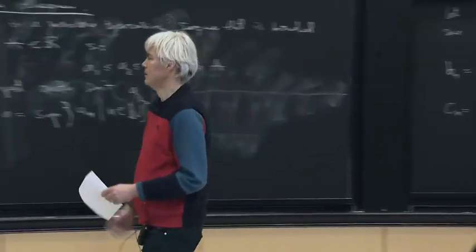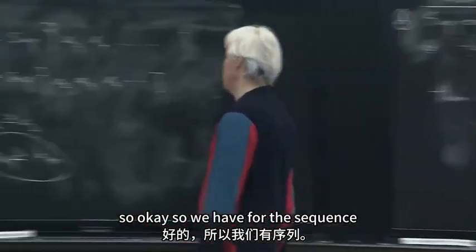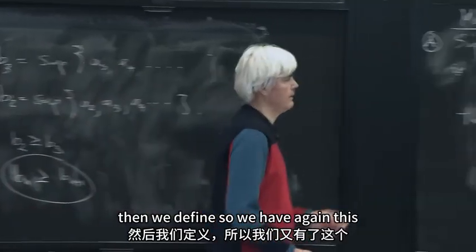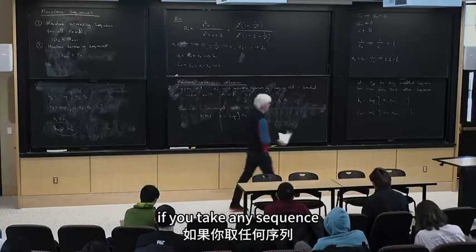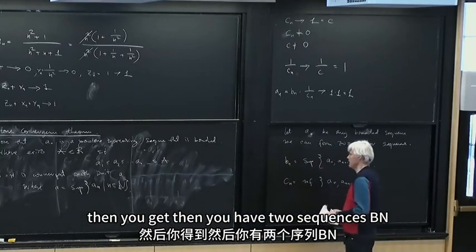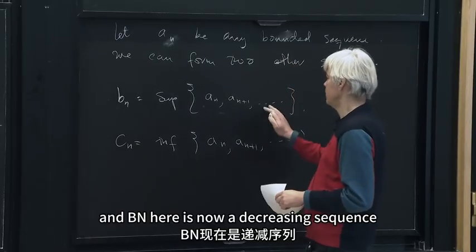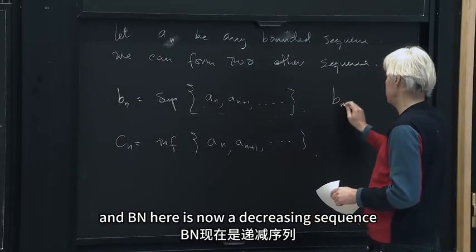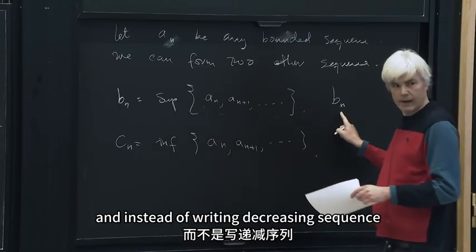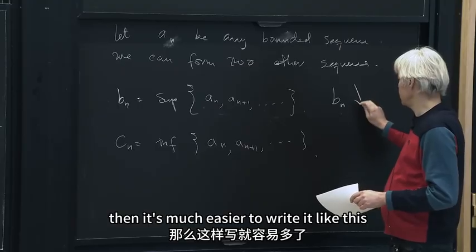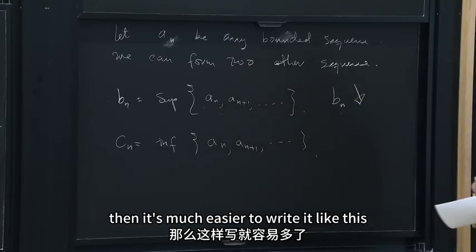So for any sequence, you have two sequences, Bn and Cn, and Bn here is now a decreasing sequence. Instead of writing out decreasing sequence, it's much easier to write it like this.